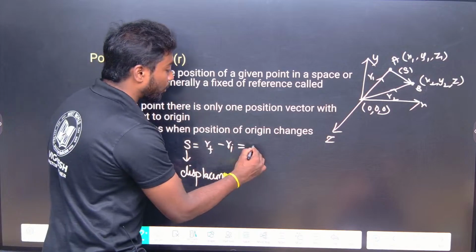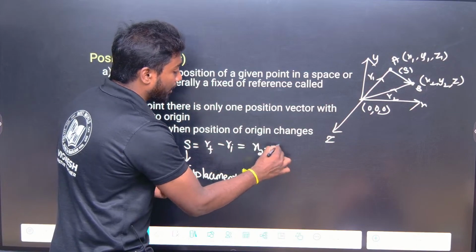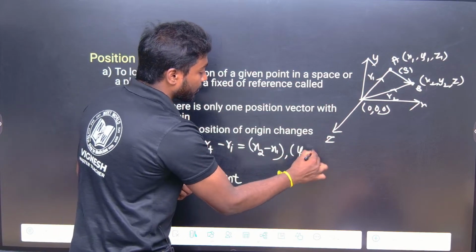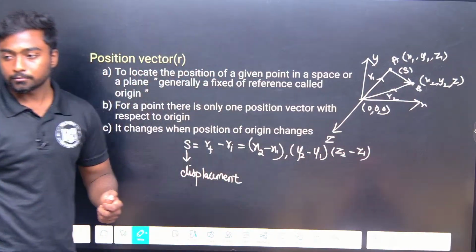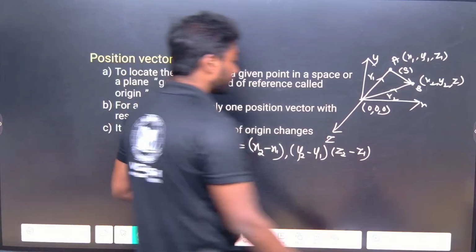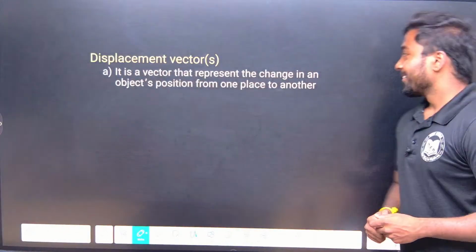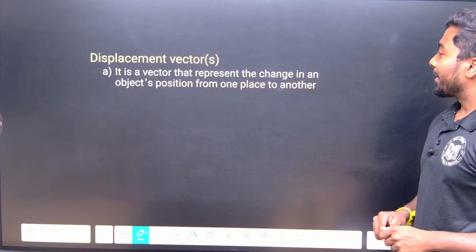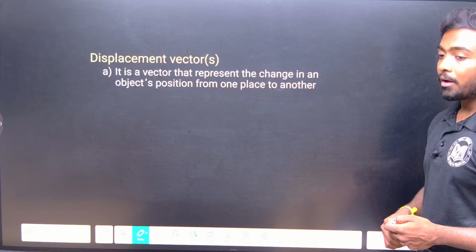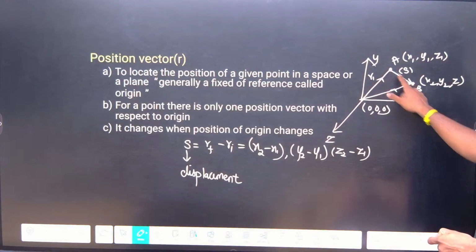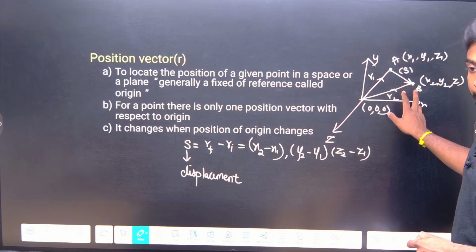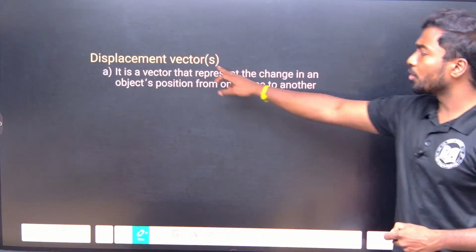So how can I write this one? x2 minus x1, y2 minus y1, z2 minus z1. So the displacement vector is a vector that represents the change in an object's position from one place to another place, which is denoted by S.